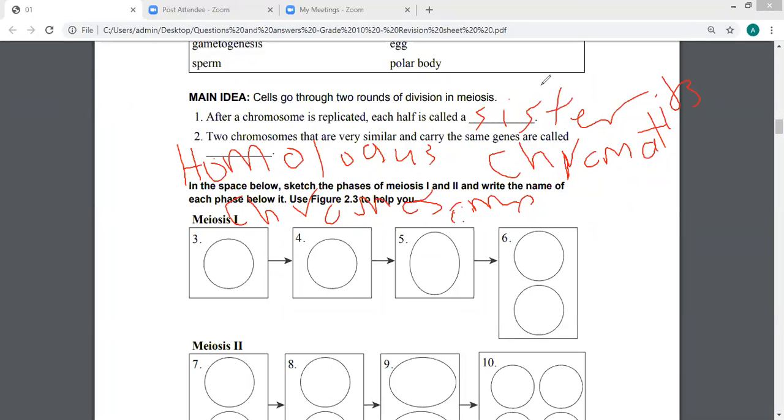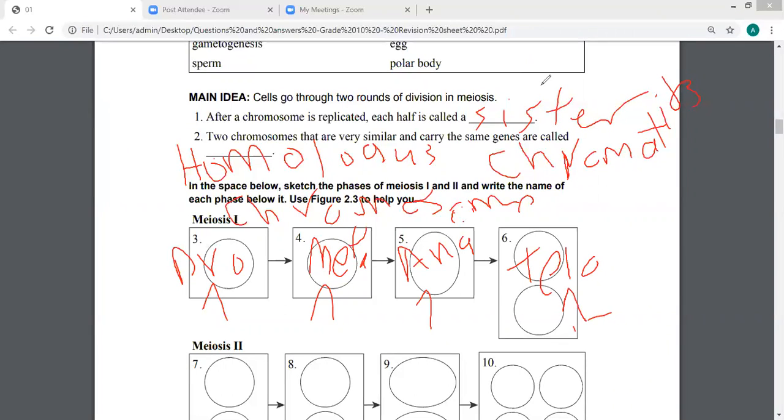Prophase 1. Good, and so on. Prophase 1, metaphase 1, anaphase 1, telophase 1.